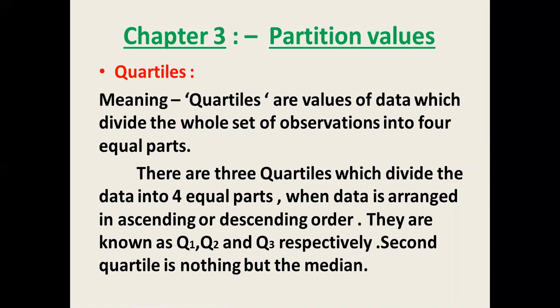These three values are called the first quartile Q1, the second quartile Q2, and the third quartile Q3. The second quartile is nothing but the median. Please understand that sentence. Median means we have divided the series into two equal parts. So the second quartile is the median.